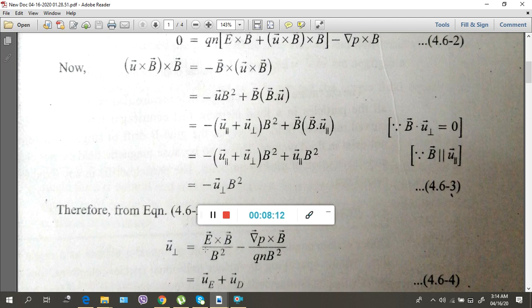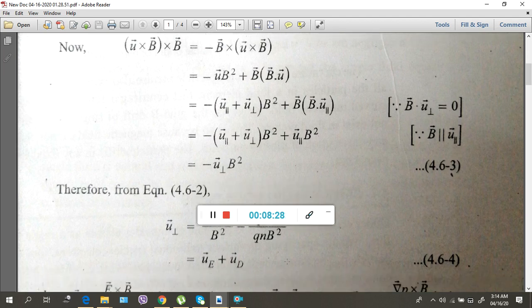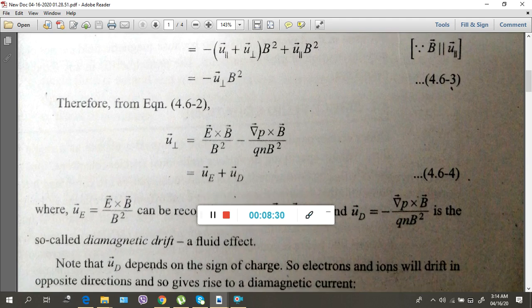U perpendicular is equal to E cross B over B square, because Qn is cancelled, minus delta P cross B over Qn B square. Clear? Now this is equal to UE. You know that when we discussed the single particle case, we had this value, E cross B over B square, that is the velocity of the guiding center, VE.